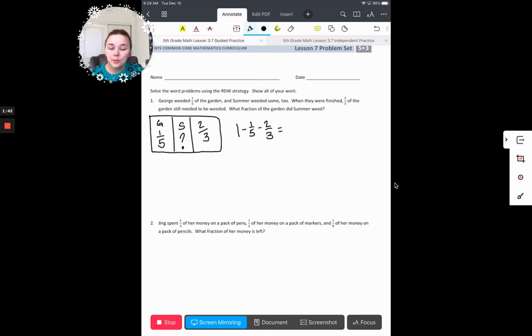To make this a little bit easier, I'm going to turn my 1 into 5/5, because then I can subtract my 1/5. So this is going to become 5/5 minus 1/5 minus 2/3. When I subtract my 5/5 minus my 1/5, then I get 4/5 minus 2/3.